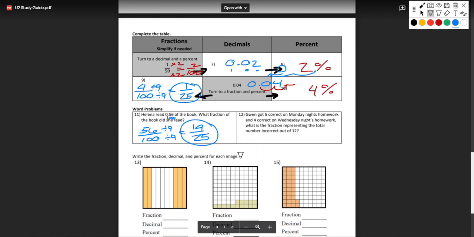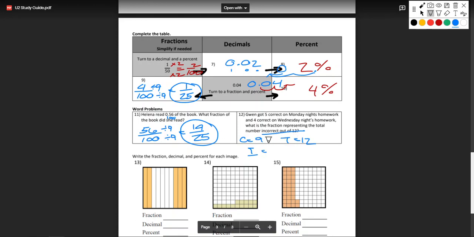And then number 12, Gwen got 5 correct on Monday night's homework and 4 correct on Wednesday night's homework. What is the fraction representing the total number of incorrect out of 12? A lot of people will get this one wrong because they compare the correct to 12, but they actually want the incorrect. So if I get 9 correct, and I know there's a total of 12, how many were incorrect is the question we have to answer first.